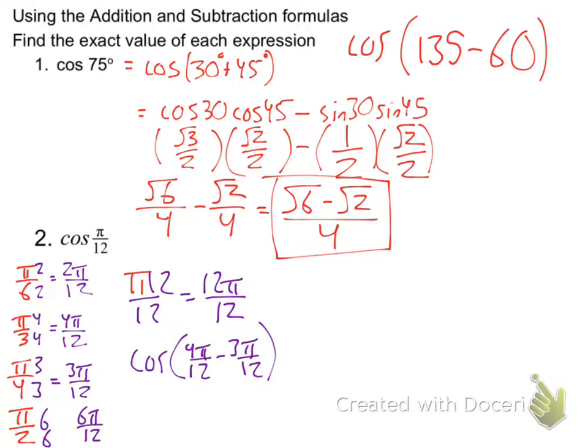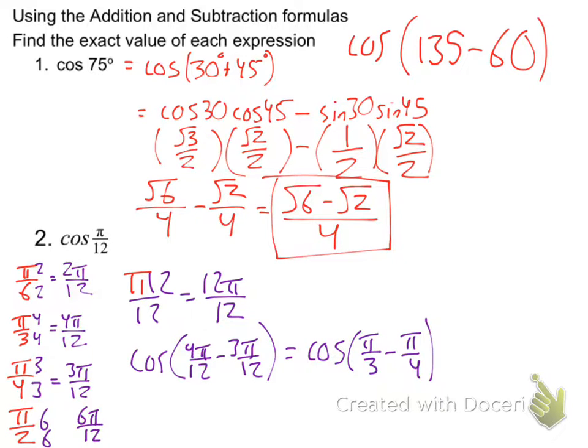I am now going to go back and reduce those. So when I go to reduce these, I end up with cosine of pi over 3, sorry, you're right, pi over 3 minus pi over 4.